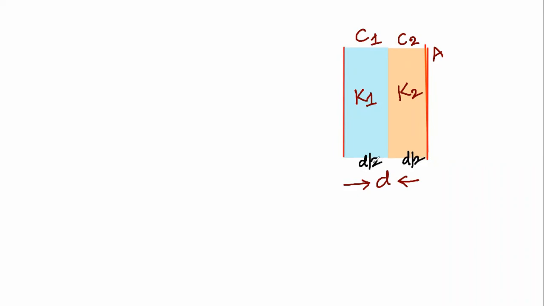So C1, C2 are the two capacitors, with d by 2 and d by 2. These two are considered as a series combination. How to say that it is a series combination?